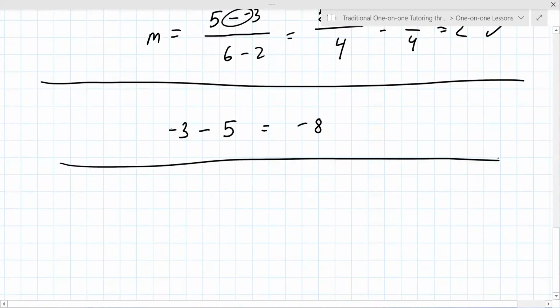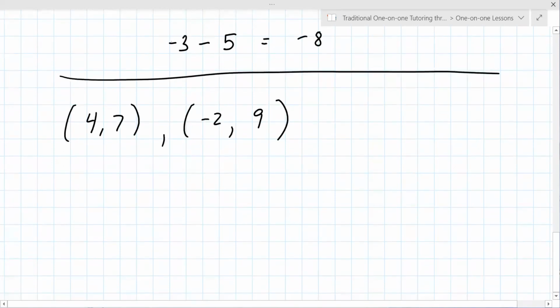Let's try another slope problem. Let's say I give you the points (4, 7) and (-2, 9). One-third. Okay, let's write it out.